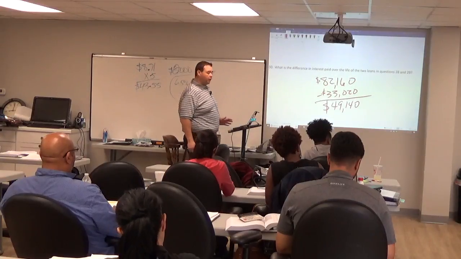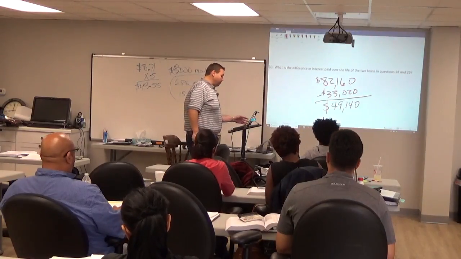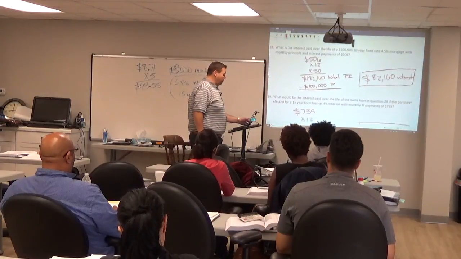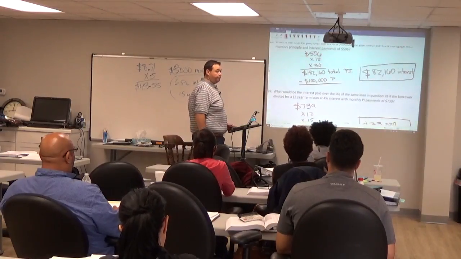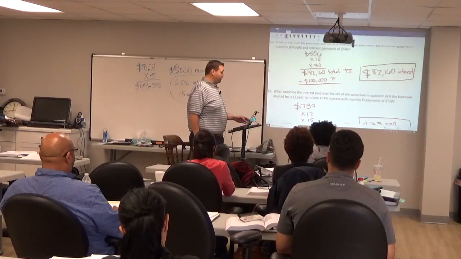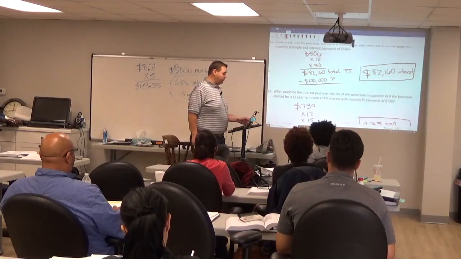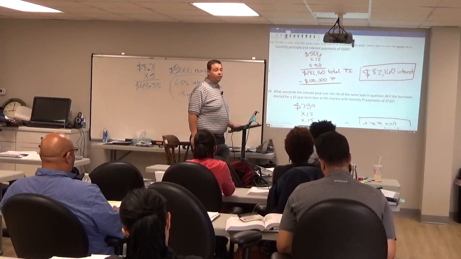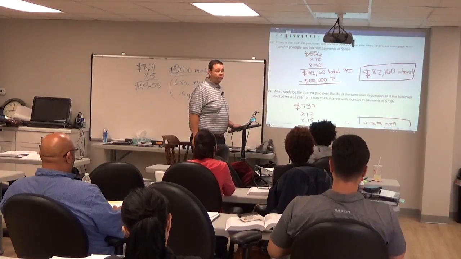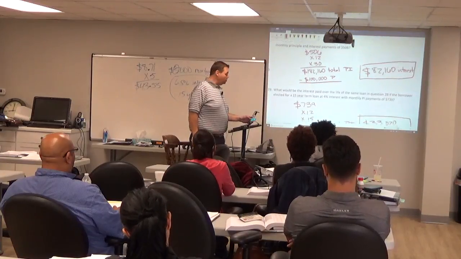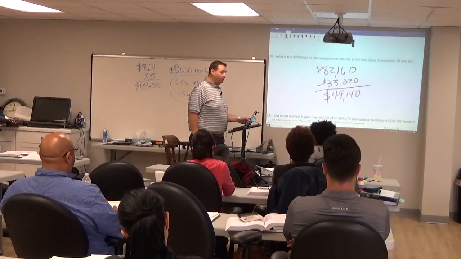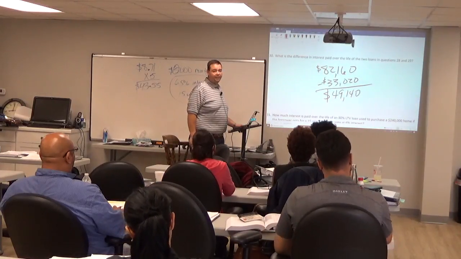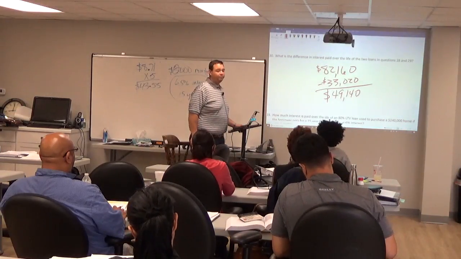So here's how you would explain that to a buyer or borrower. Trudy, you can get a 30-year note and you'll get a 4.5% interest rate. Or you can get a 15-year note and you get a 4% interest rate. Now your payment's going to be $233 a month more if you go the 15-year route. But you will save $49,140 in interest by getting the 15-year note.